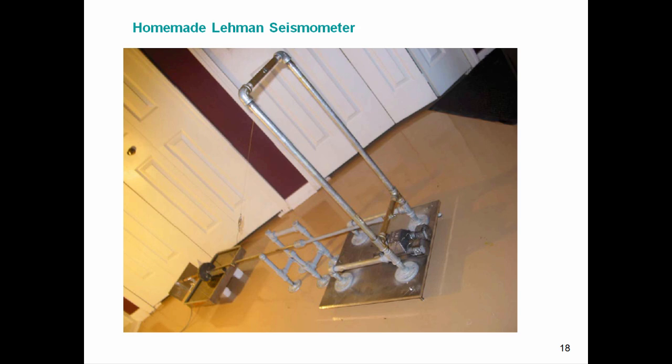Well, I suppose if you go online, you can find some company that will sell you a Lehman seismometer. But kind of the spirit of a Lehman seismometer is you just go out to the garage and you just scrounge around with odds and ends pieces of hardware, and you make your own. So that's the true spirit.